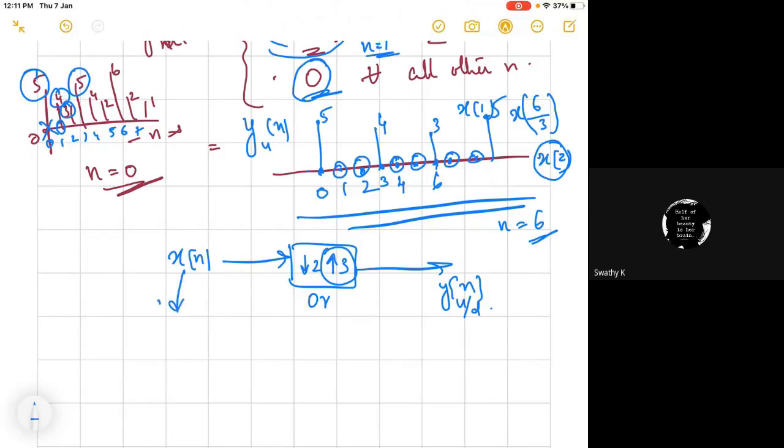For example, x[n] may have some frequency representation or spectrum X(e^jω). Now, how will you find the upsampled or downsampled version of the signal, Y(e^jω), in terms of X(e^jω)? That we will see in the next class.